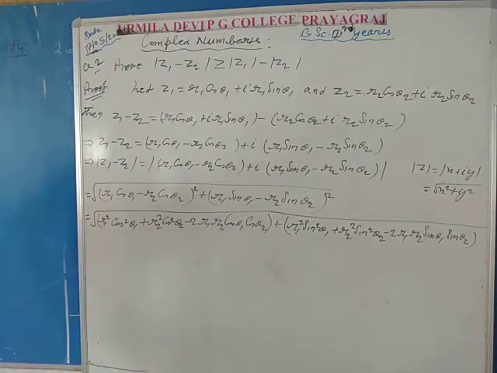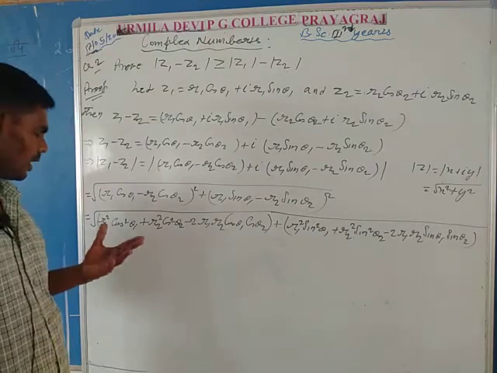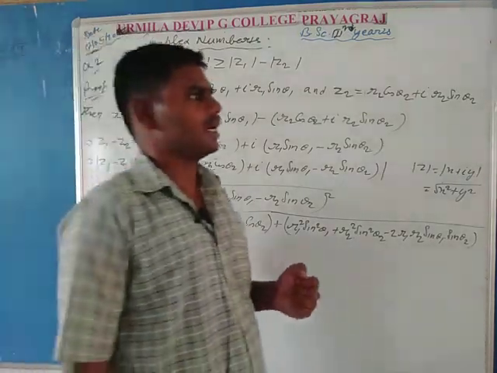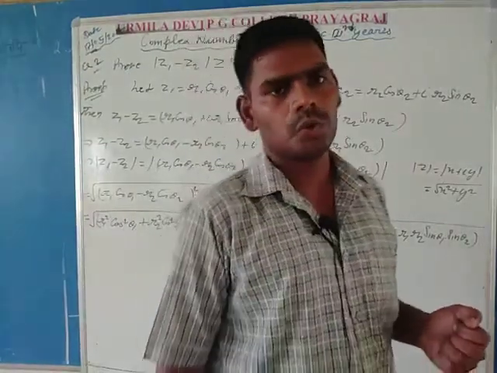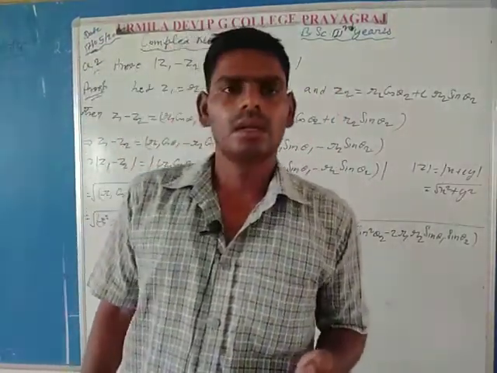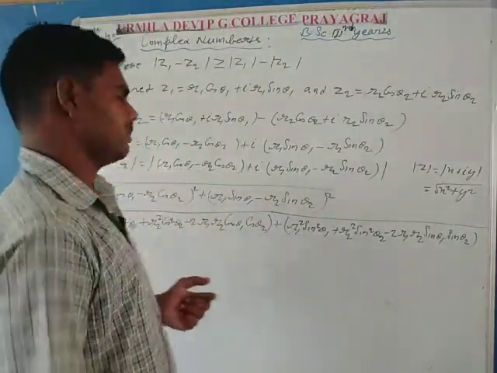Now in this equation under root, collect all R1 terms in one bracket, all R2 terms in second bracket, and all minus 2 times R1 R2 terms in third bracket.